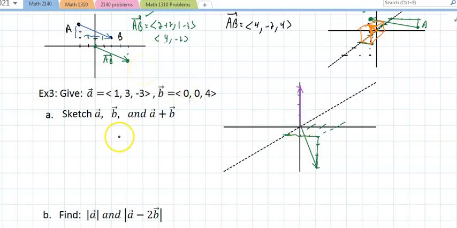If I take vectors A and add B to it, A plus B would be 0 plus 1, that's 1, 0 plus 3 is 3, and 4 minus 3 is 1. So if I move 1, 1, 2, 3, and I go up 1, that would be the actual resultant of this. That vector right there is A plus B.